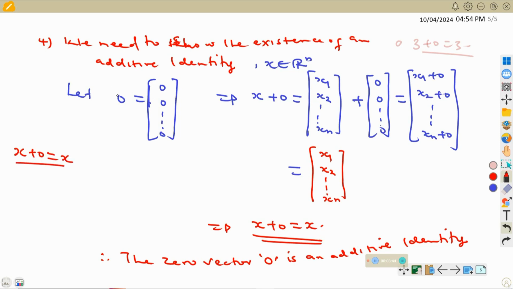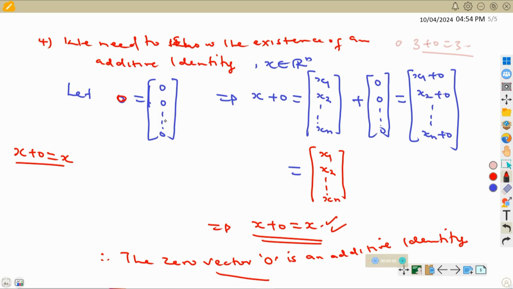And clearly we have seen, if we let our 0 vector to be 0, 0, 0, it is when we shall achieve this condition. So clearly it implies that the 0 vector 0 is an additive identity.